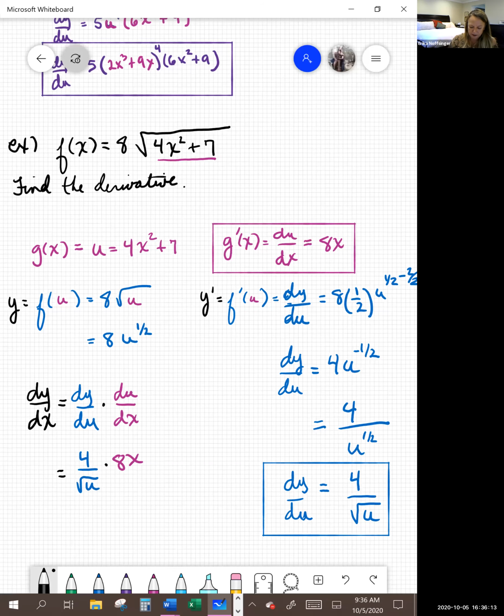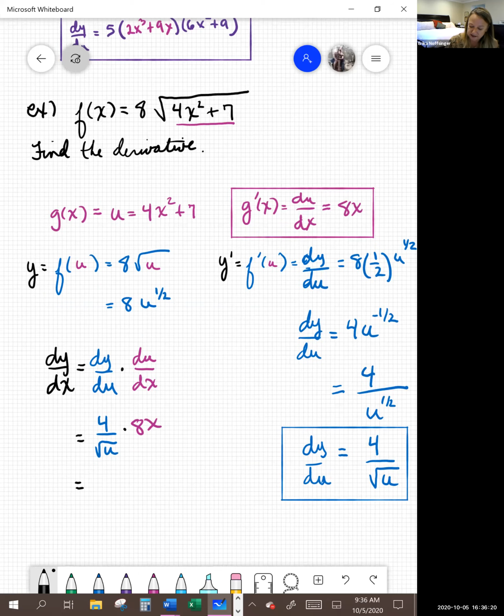So simplify it a little bit, and we don't want this in terms of both x and u, so we have to go back in and rewrite what u is. U is this 4x squared plus 7.